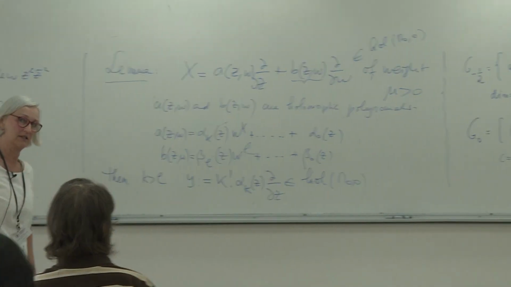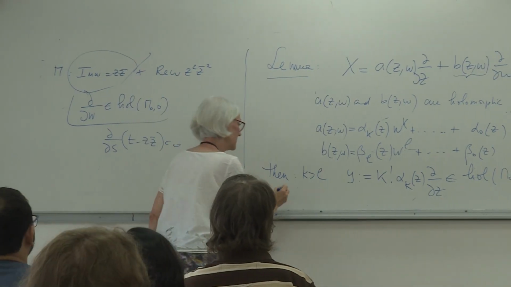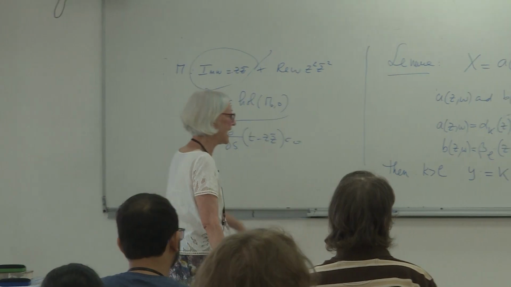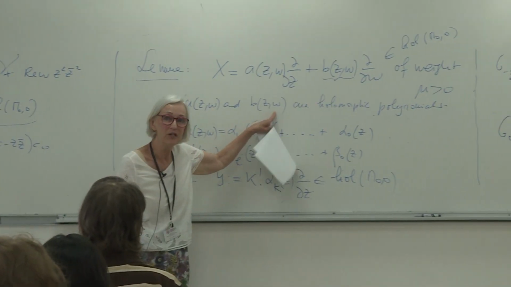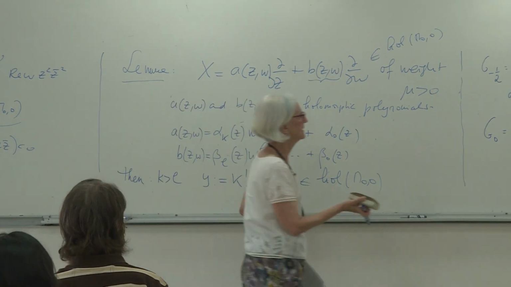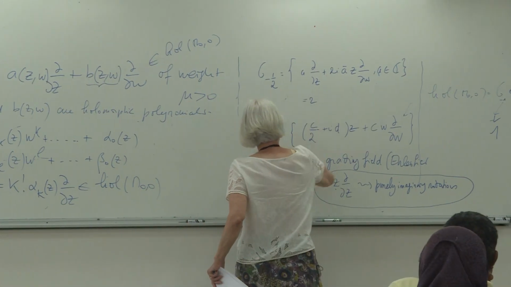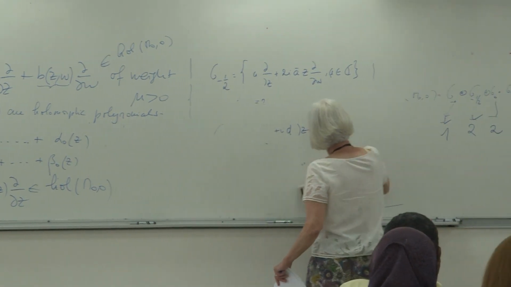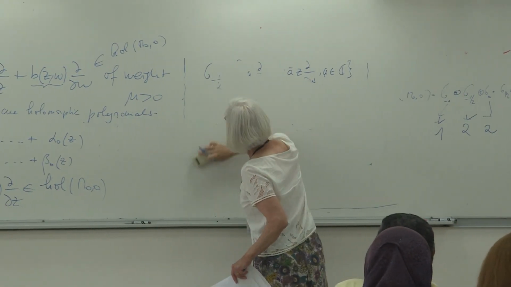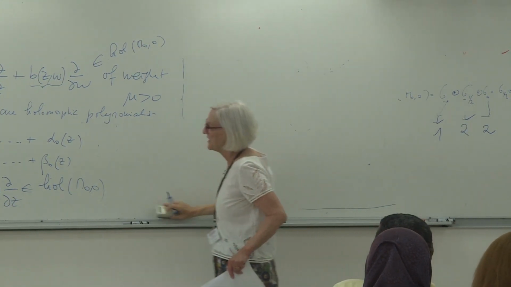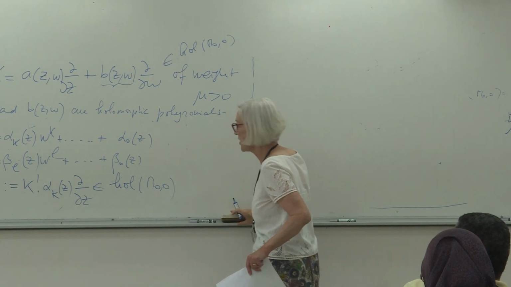If you understand the statement, what can you say if K is equal to L? Look, this guy, there was a lot of W, and now there is no longer W. If K is equal to L, have you a guess for what kind of field is in Hol M0?